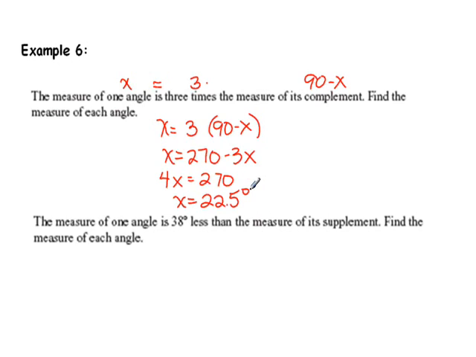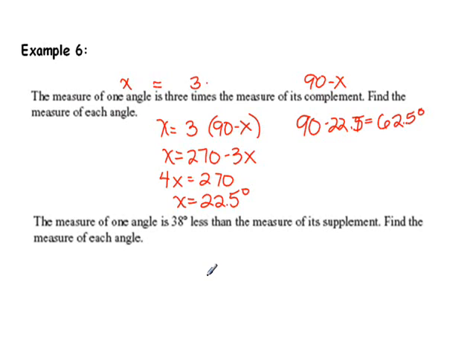And if x equals 22.5, then 90 minus 22.5 equals 62.5 degrees. That is the measure of the other angle. 22.5 degrees is one, and 62.5 degrees is the other.